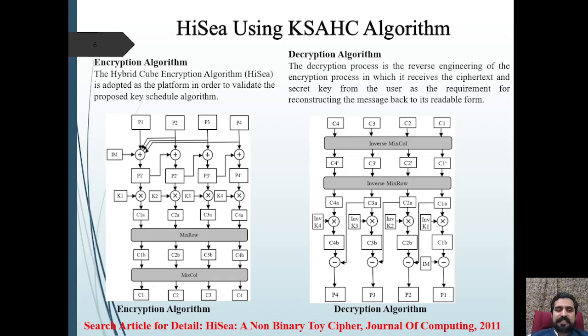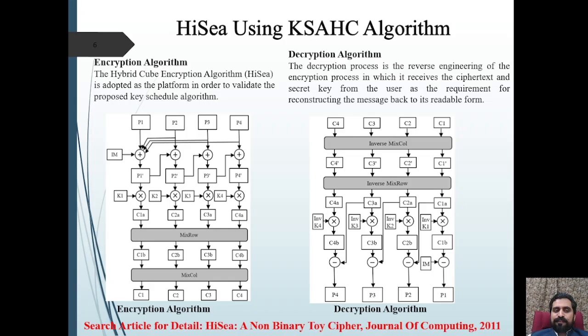The initial matrix used during the encryption and decryption process is a secondary security measure which ensures the authenticity of the user. The master keys generated from the KSA-HC algorithm, K1, K2, K3, K4, are used to encrypt the message.